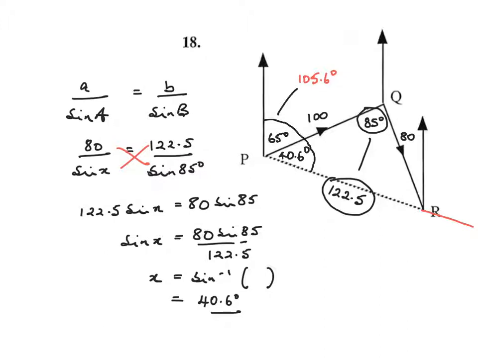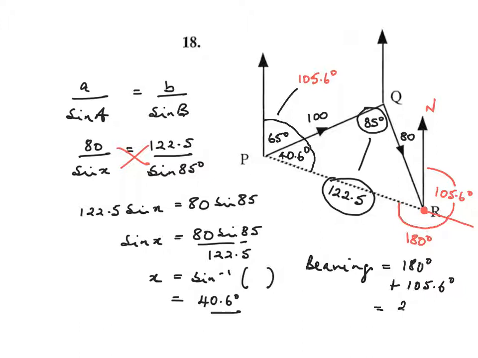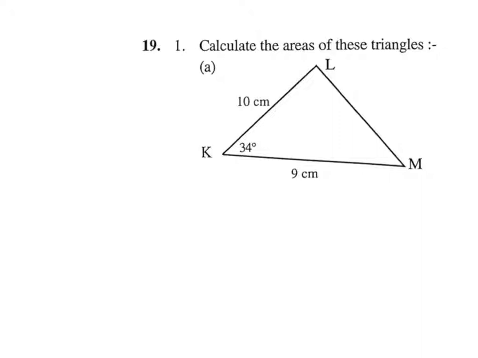I'll do that in order to mark in this angle, which is 105.6 degrees. So if I'm standing at R, facing north, I turn through 105.6 degrees and 180 degrees. So the bearing that I'm looking for is 180 degrees plus 105.6 degrees, and that equals 285.6 degrees.